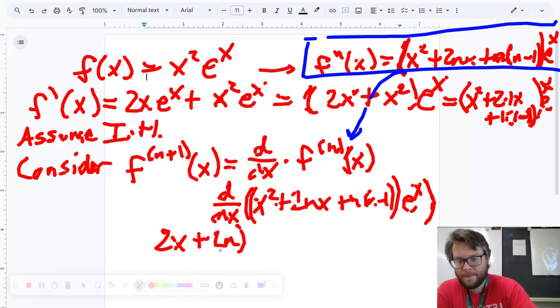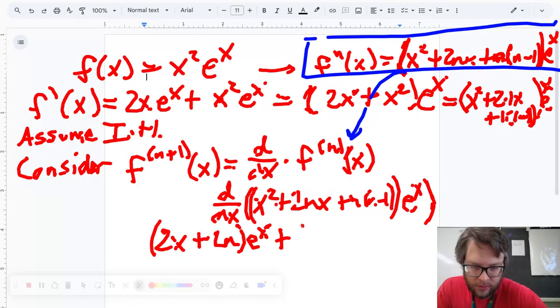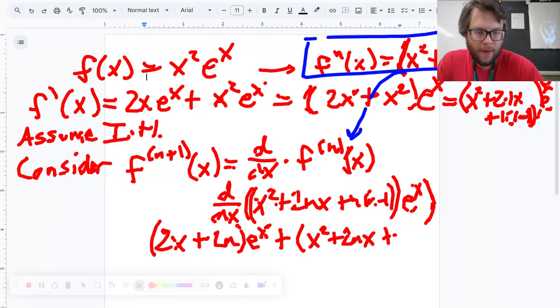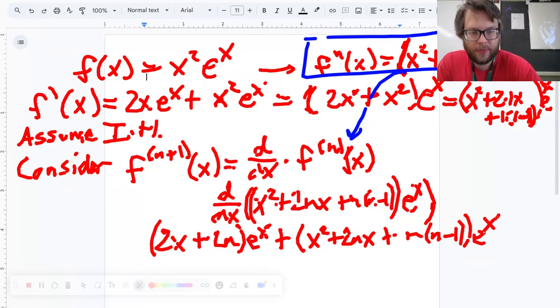F prime g is just e to the x plus f, x squared plus 2nx plus n times n minus 1, times g prime, which is e to the x.